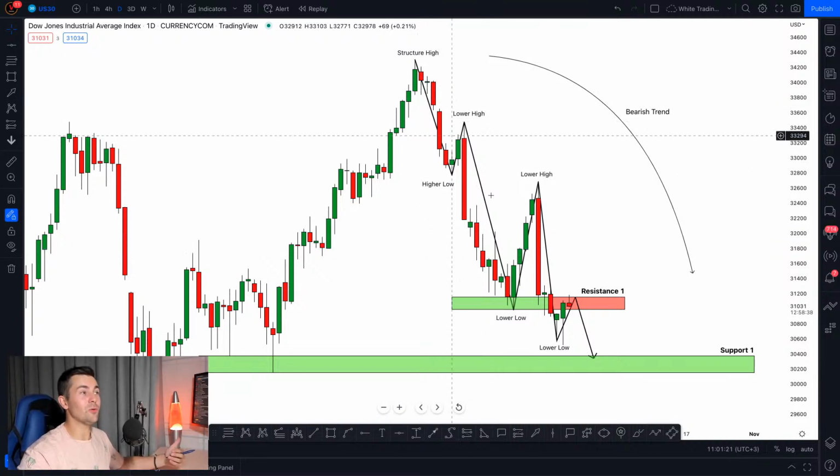Here on US 30, we are trading in a minor bearish trend. Yes, after this strong bullish movement, the market is starting to trade in a bearish trend. You can see that here we have multiple bearish impulses. You can see that the price here sets lower highs, lower lows.